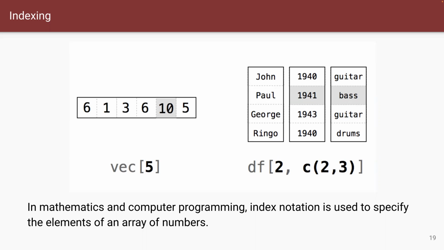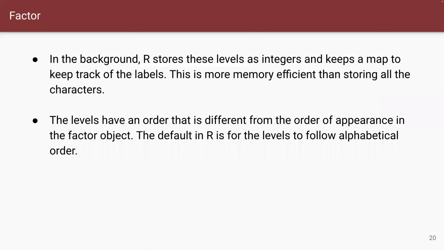And you also learned about the true and false system, where you ask a logical statement. If the statement is true, then you get a subset of the rows or columns matching that information. So that's also based on the index system.